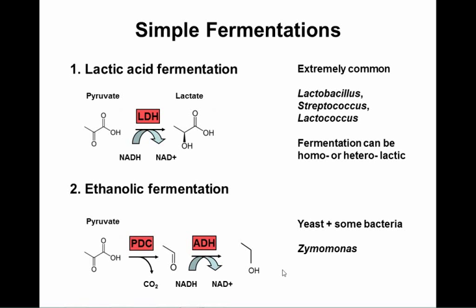CTP, this is for lipids. And GTP is directly involved in the peptide bond synthesis by ribosomes. This is the energy source for the peptide bond. ATP is used for aminoacyl-tRNA synthesis, charging the amino acids onto transfer RNA.